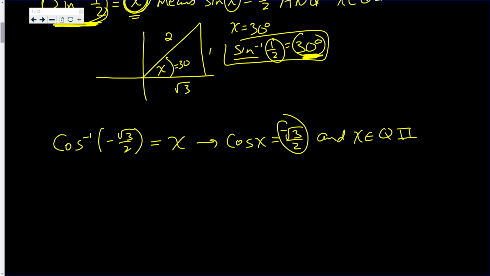Can't be in 1 because the cosine of x has to be positive in quadrant 1. Cosine inverse is only defined in quadrant 1 and 2.